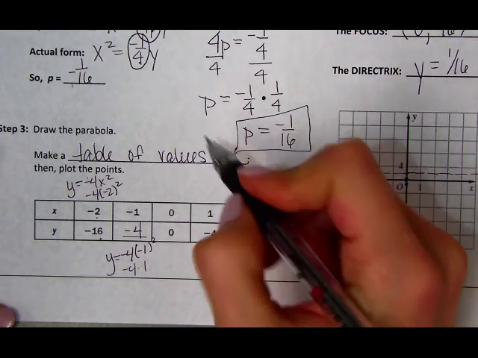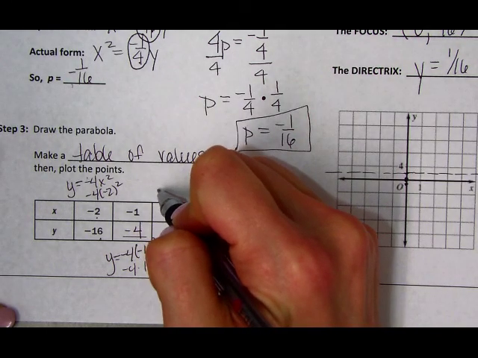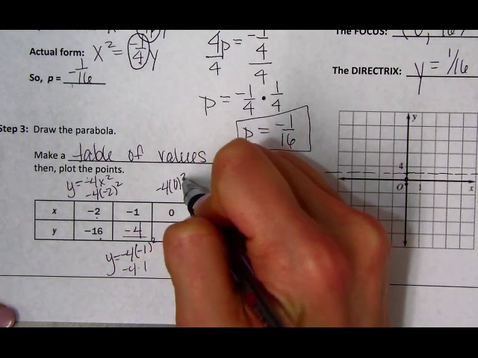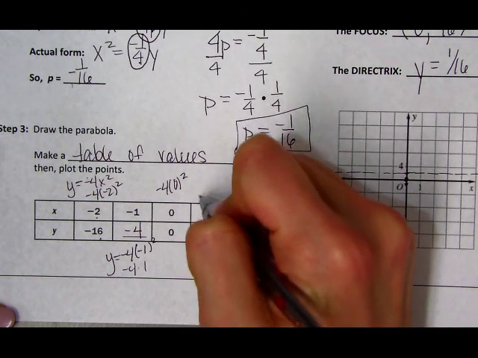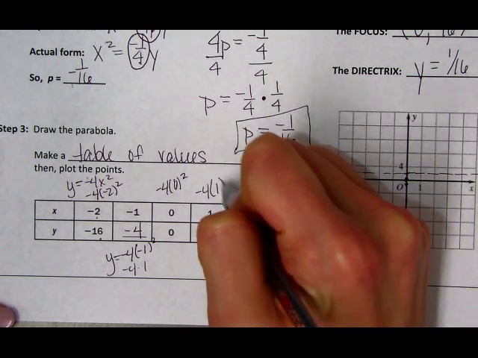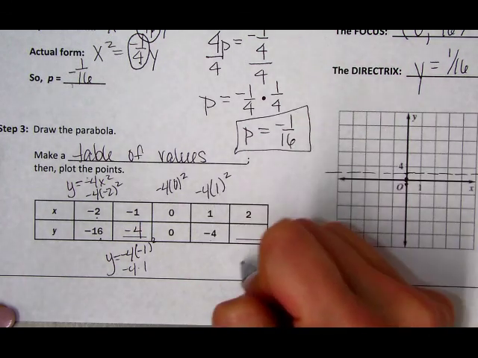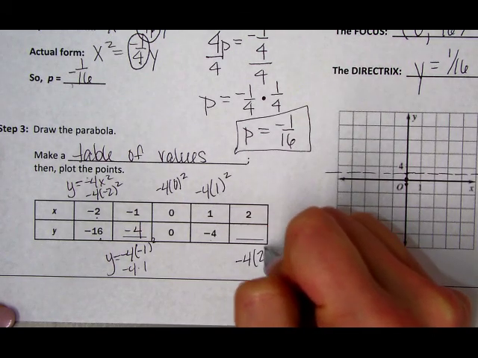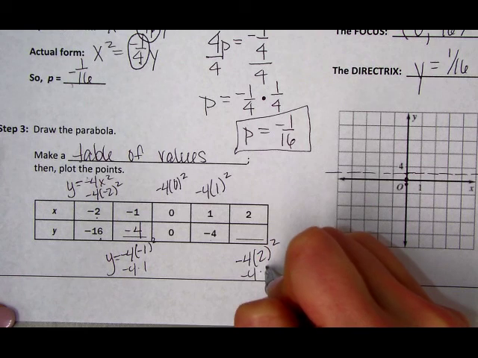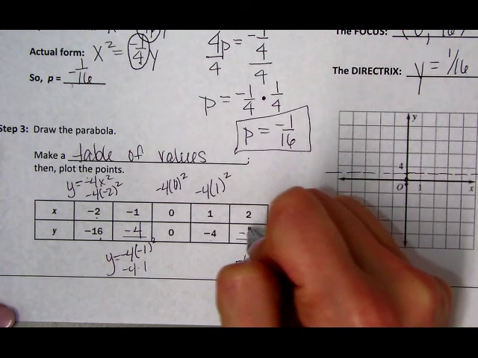Tells me 0, 0, and that's true because -4 times 0 squared is 0. Down here, -4 times 1 squared, 1 squared is 1. 1 times -4 is -4, and lastly -4 times 2 squared is -4 times 4, which is -16.